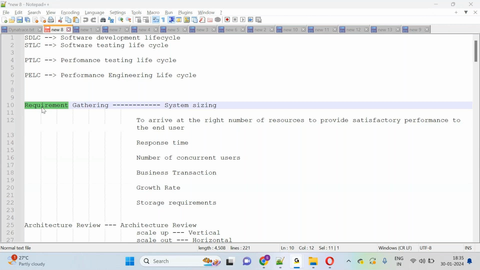But in industry right now, what is happening most of the time is they complete the development, and only then do they realize the application issues, and only then do they focus on the performance engineering concept. But it is very late to focus on performance engineering at that time.